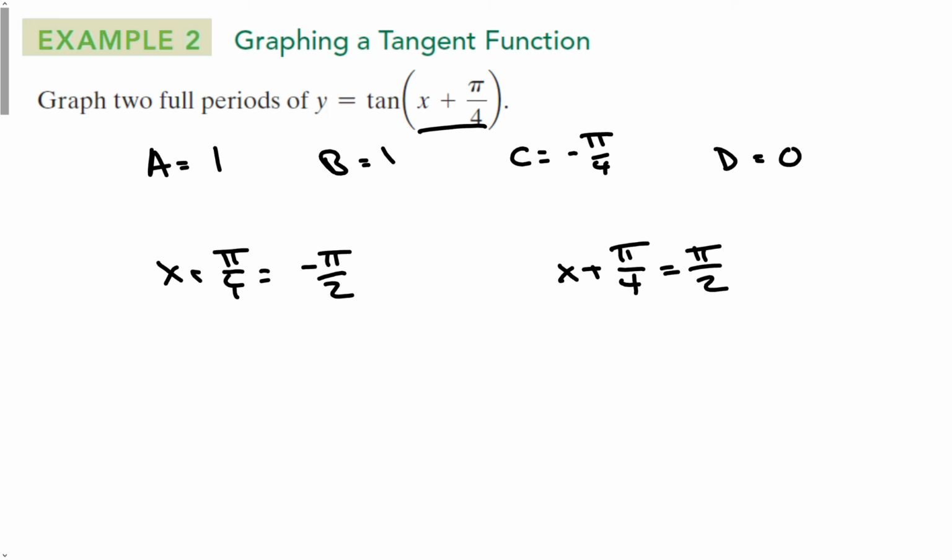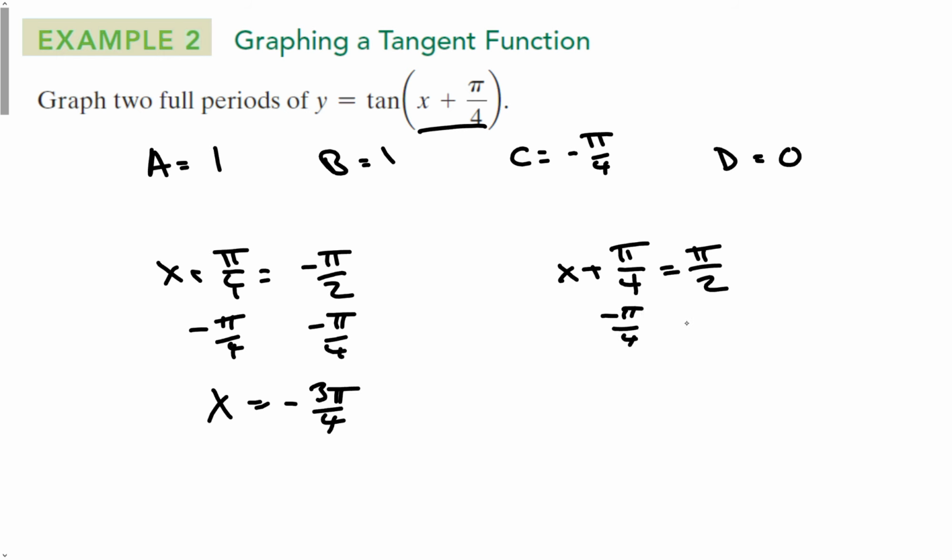Okay, so let's subtract pi over 4 from both sides to give me x is equal to negative 3 pi over 4. Yeah, so negative 3 pi over 4 here.